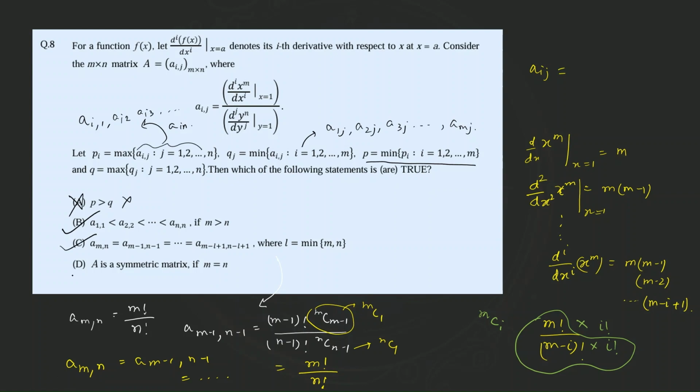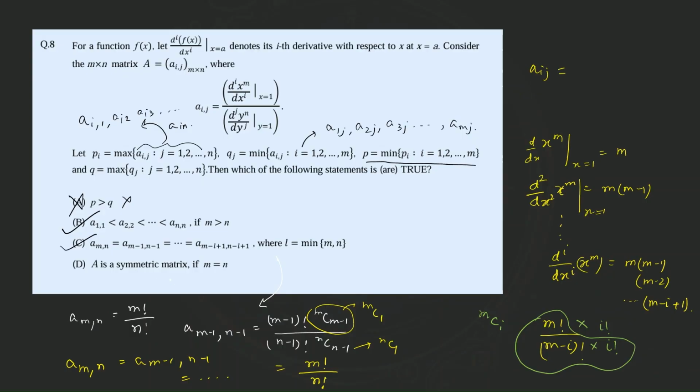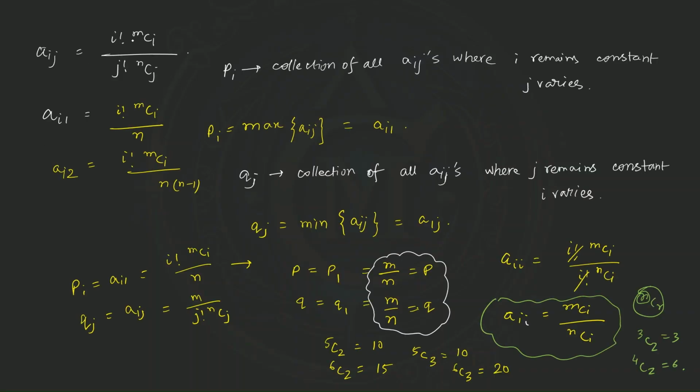And for option D, we can check by plugging in m equal to n. Option D says A is a symmetric matrix if m equal to n. So let us calculate this matrix with m equal to n. If we put in this relation, we get i factorial divided by j factorial into mci divided by mcj.